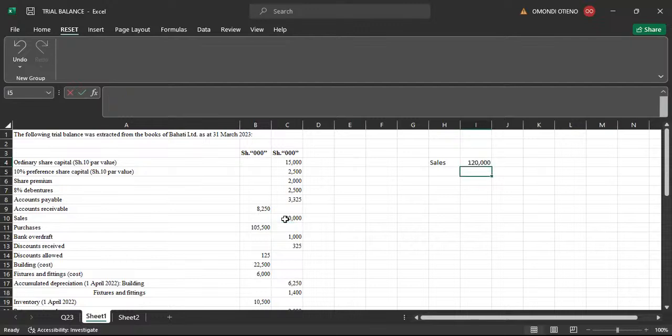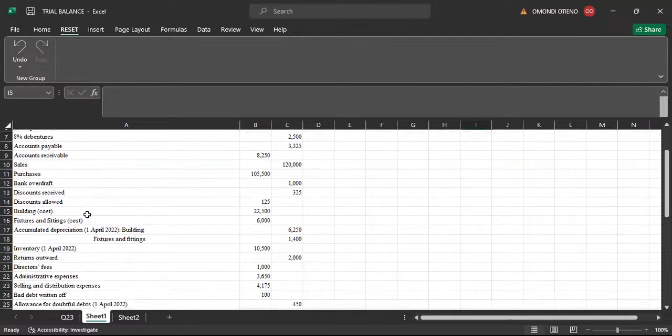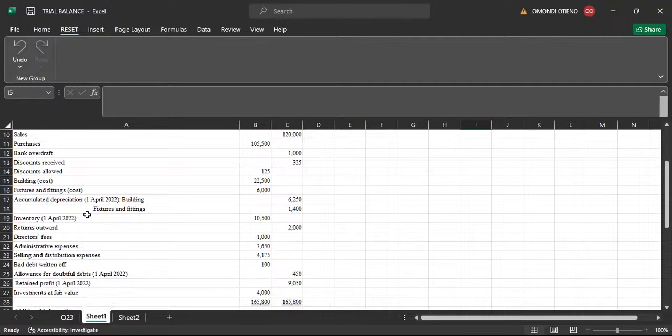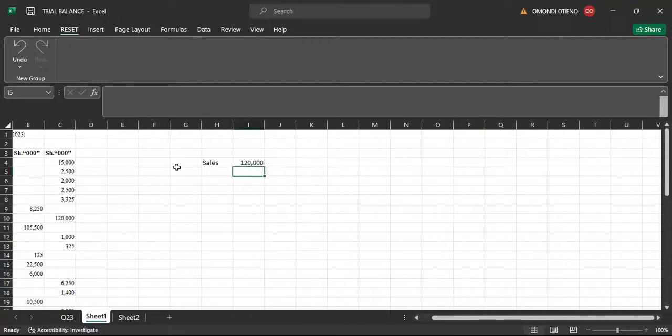Then with these sales, maybe there are some customers who returned goods. So do we have return inwards or sales return? Do we have return inwards in this particular question? I think there is none.